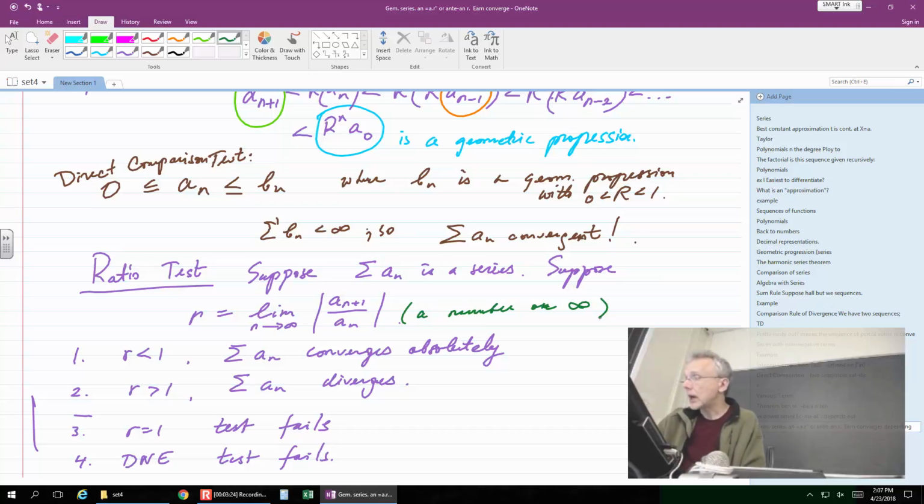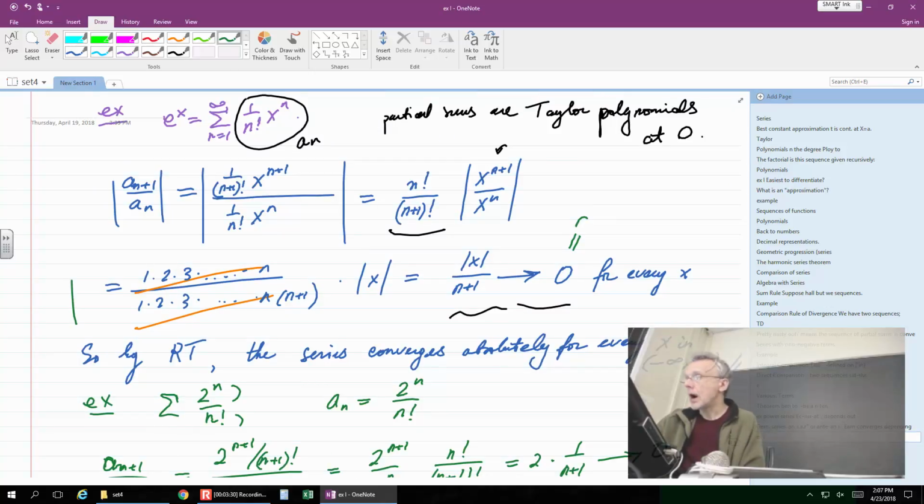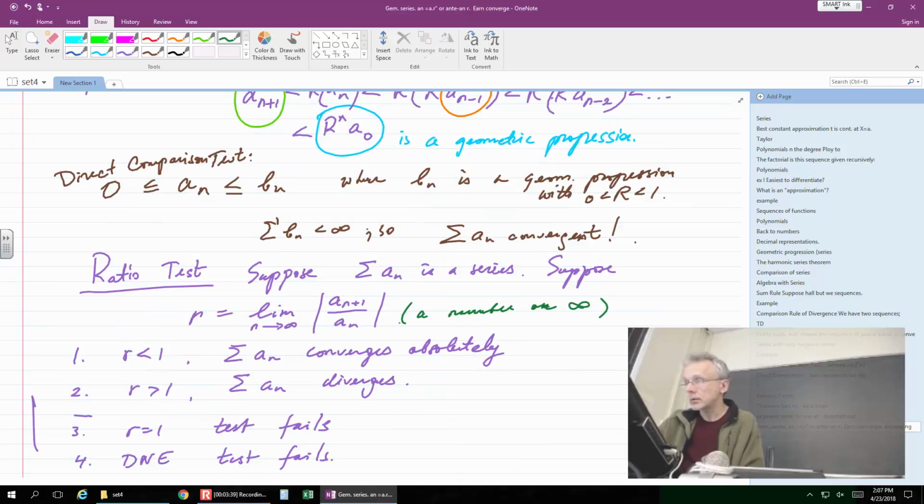It's not what we're facing here, because the limit is actually, hold on a second, what happened here? n plus 1, 0, yeah. Right. Okay.